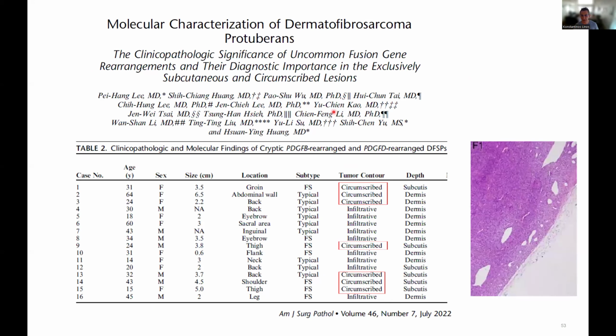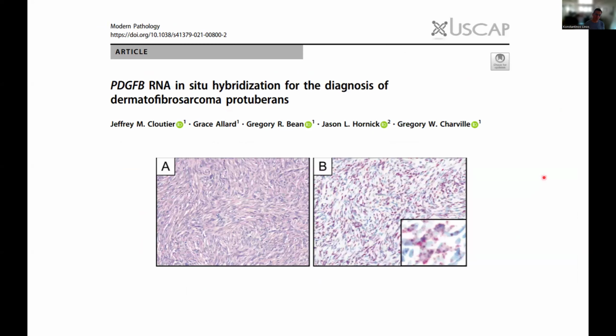And the PDGFD are interesting because some of the DFSPs don't have this classic infiltrating growth pattern, but they are purely subcutaneous and very well circumscribed rather than infiltrative. And it seems that many of these cases are rich in PDGFD fusions.